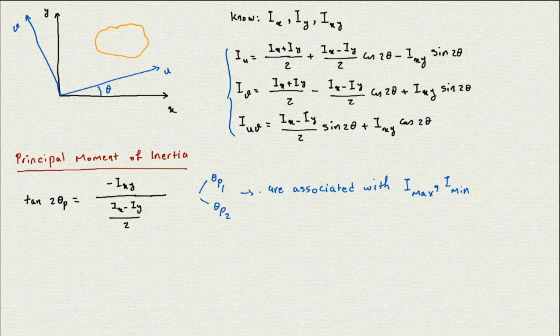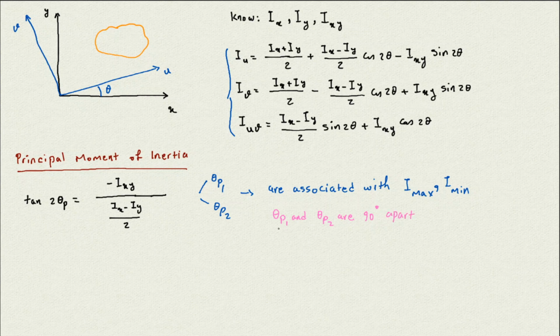Remember, the point with these two angles is that theta p1 and theta p2 are 90 degrees apart.